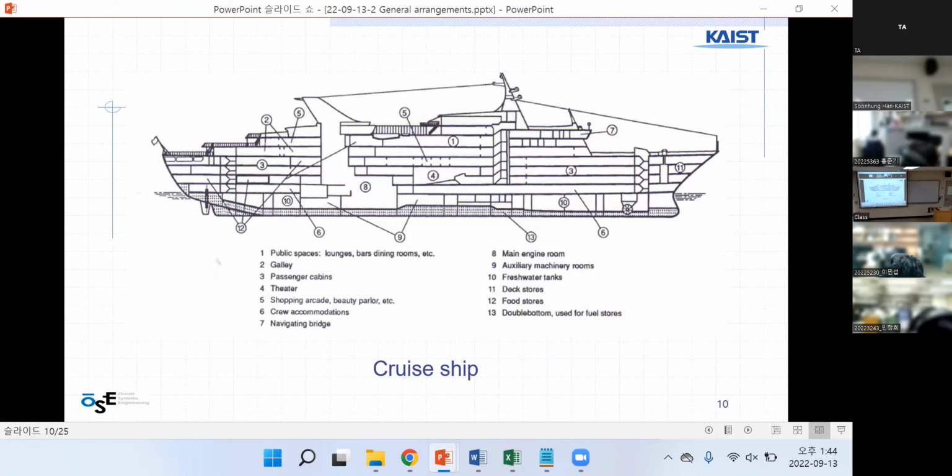And theater, shopping arcade, beauty parlor are also nearby, right? And crew accommodation is not so good, in the lower place of the ship. And then navigating bridge, 7. And the main engine room here. So the duct goes this way. Right, something like that.